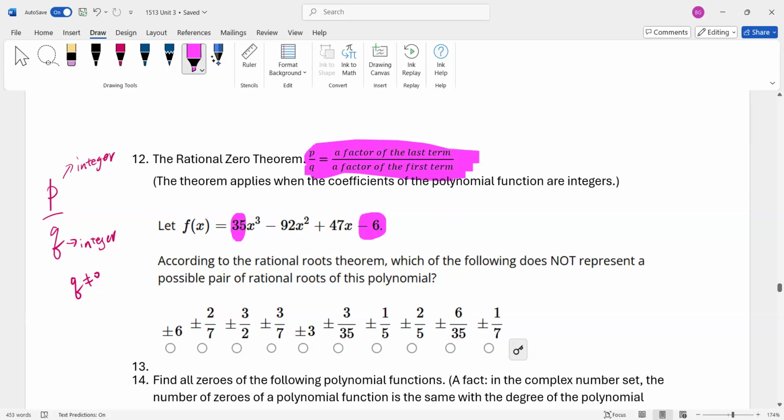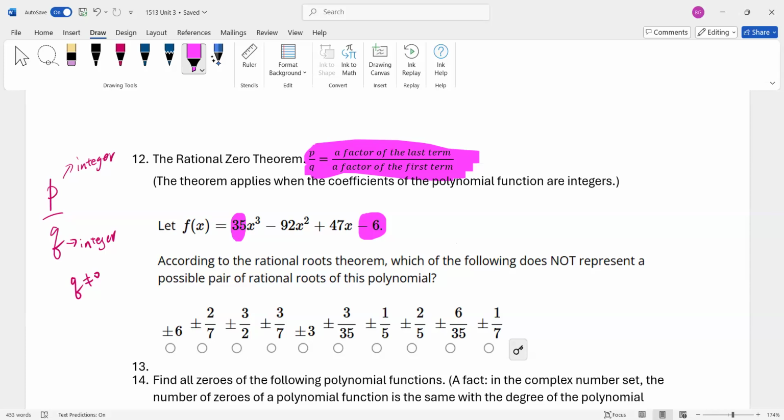P in the numerator is a factor of the constant term, the last term. Q is in the denominator. Q is a factor of the leading coefficient. I said here a factor of the first term, but we really do not include the variable x in it, only the coefficient.